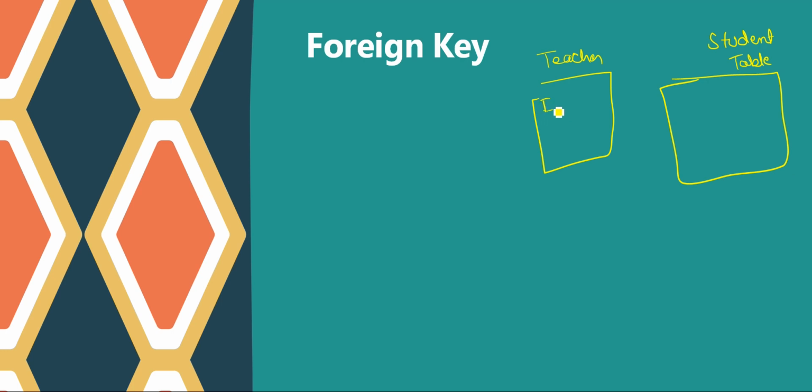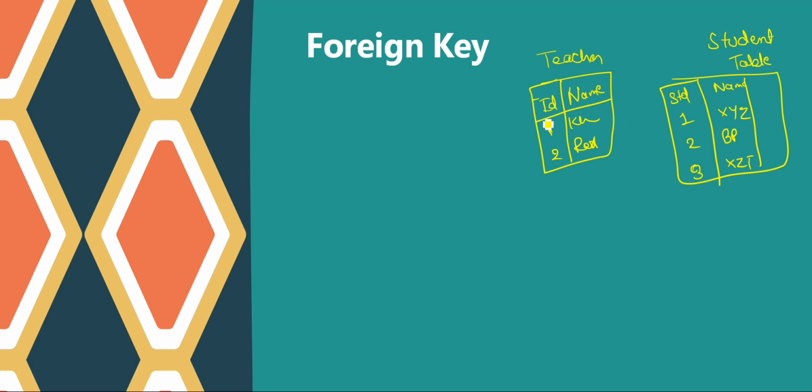The teacher's details are teacher ID and teacher name, or you can say teacher number or something like that. I just gave the name ID. Let's say 1 Khushbu, 2 Reshu, and in the student table we have student ID and name, and let's say 1 XYZ, 2 BP and 3 XZT.